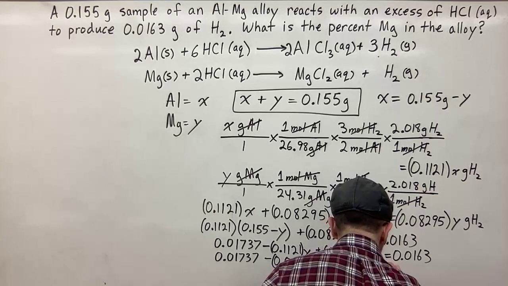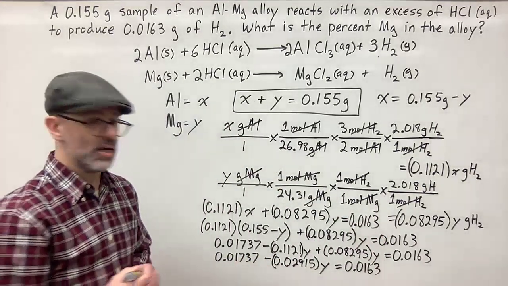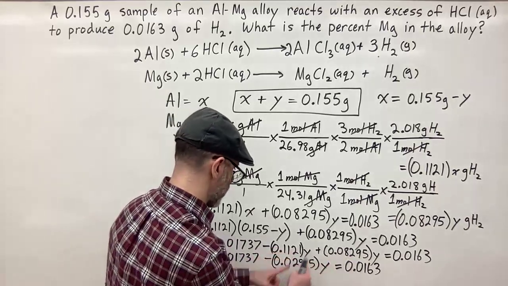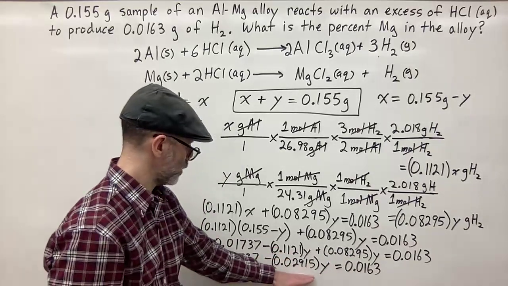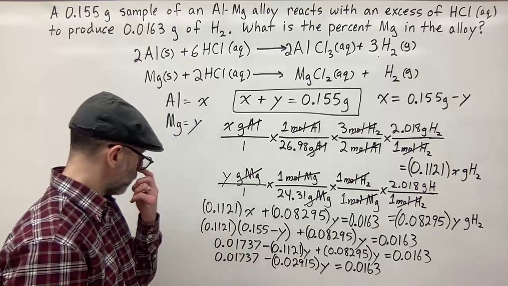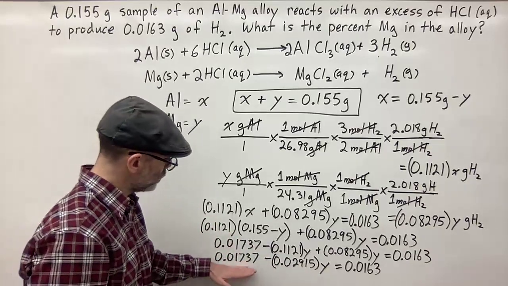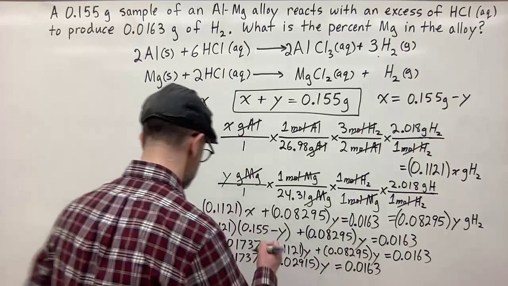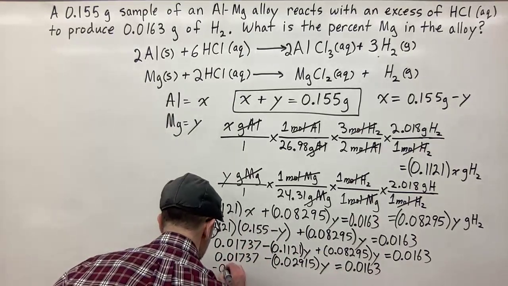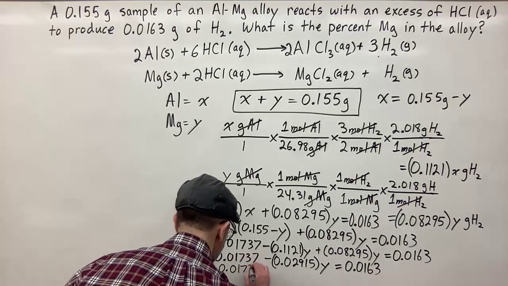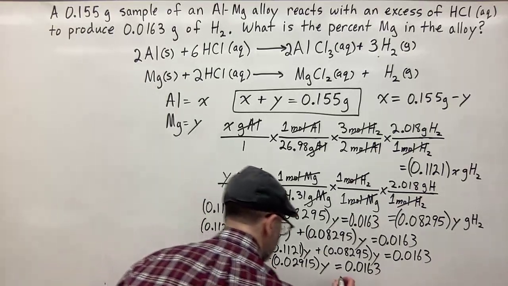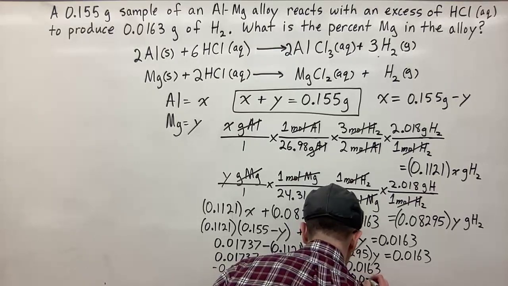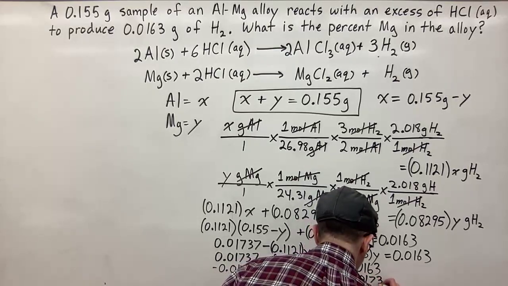Okay, so here now I have this Y term. I added these two together and I got negative 0.02915Y. And so next, I'm going to move these like terms. I'm going to subtract 0.01737 over here and also minus 0.01737 on the other side.